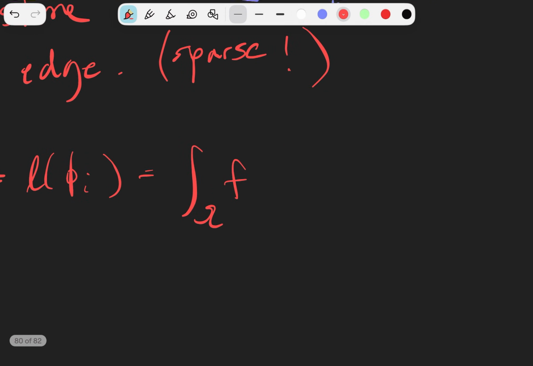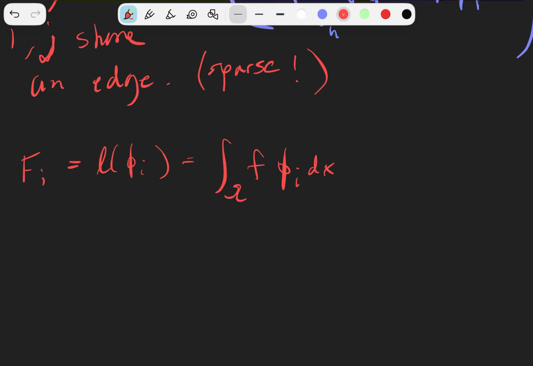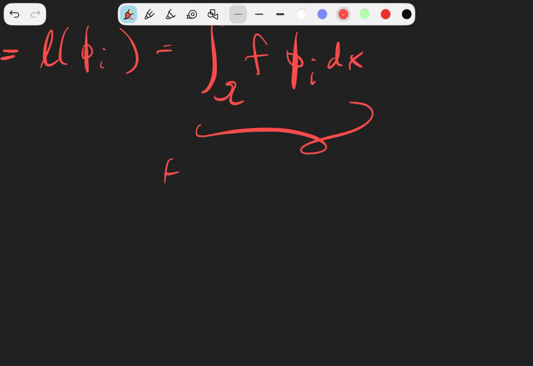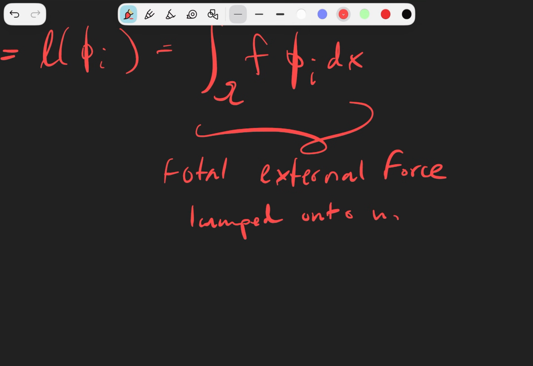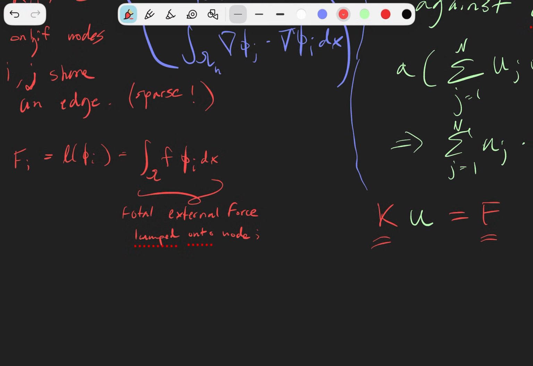So if we were to take the force, or whatever determined F that we have, with our original tent function and integrate it over the domain, what does this mean? It's the total external force lumped onto node i.